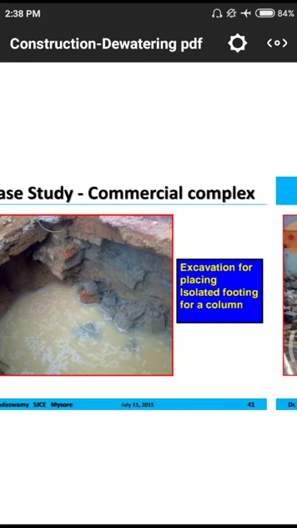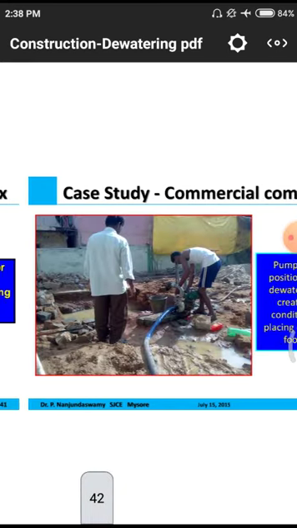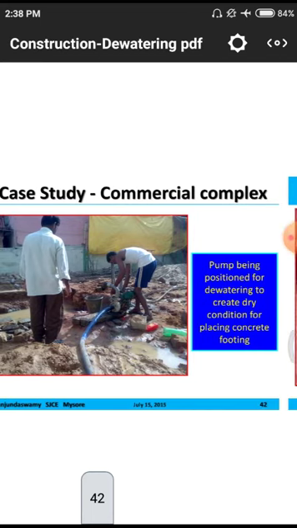So what they have to do is remove all the water present in the soil by these pumping mechanisms. They arranged a particular quantity of centrifugal pumps to remove the water, pumps being positioned for dewatering to create a dry condition for placing concrete for footing purposes.